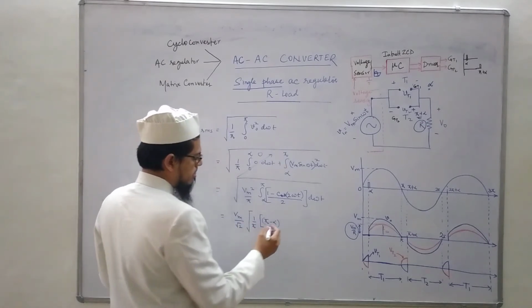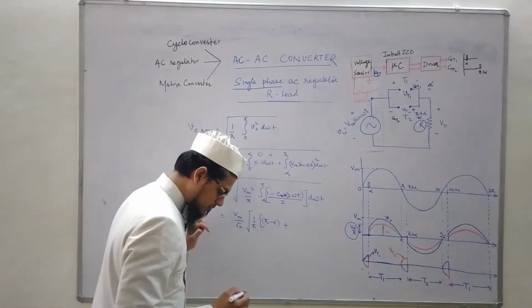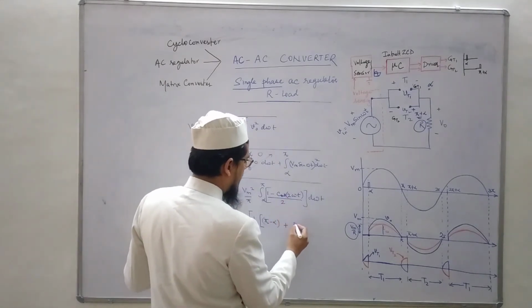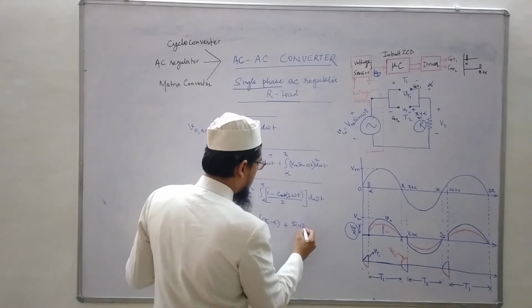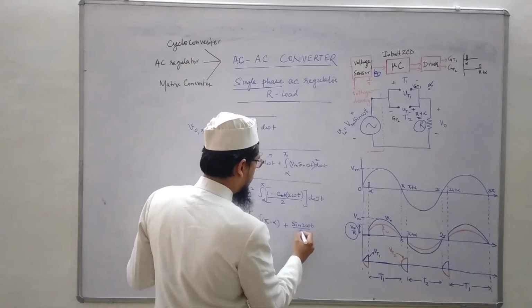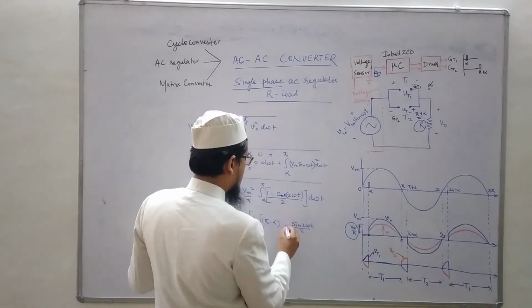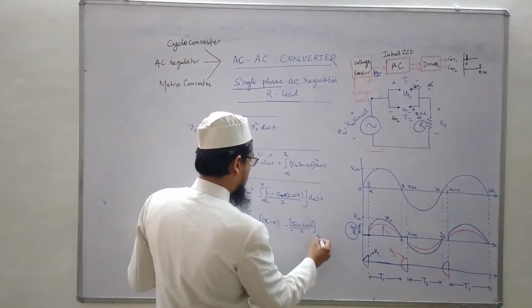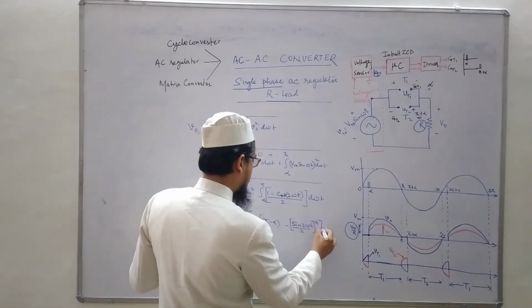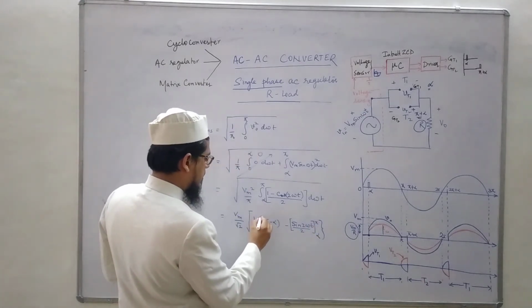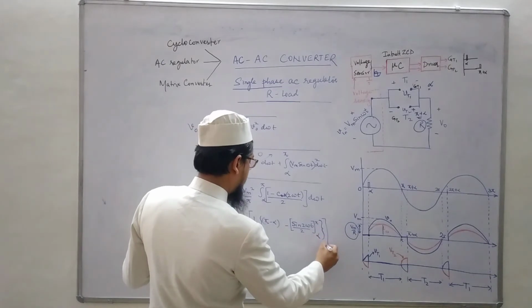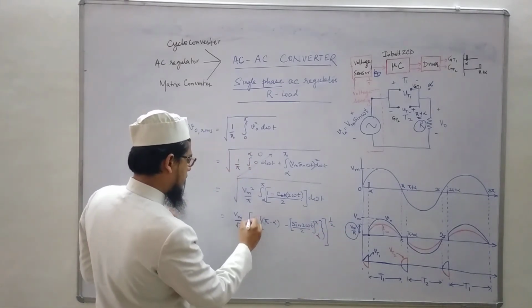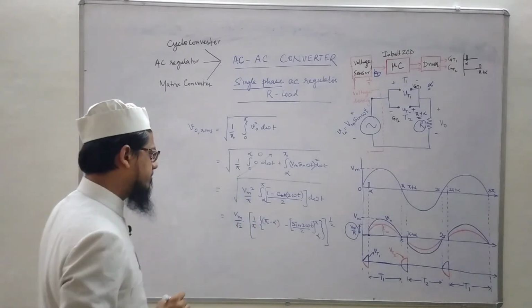Then plus the integration of cos is sine, so it is sine 2 omega t upon 2, with a minus sign, and the limit is from alpha to pi, with the half.